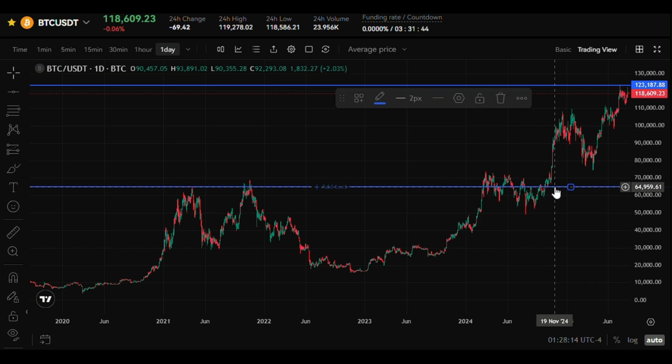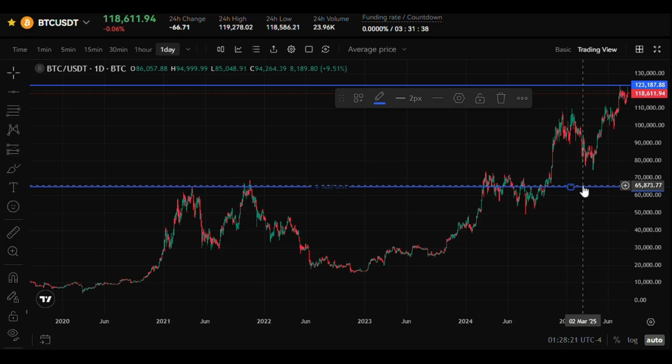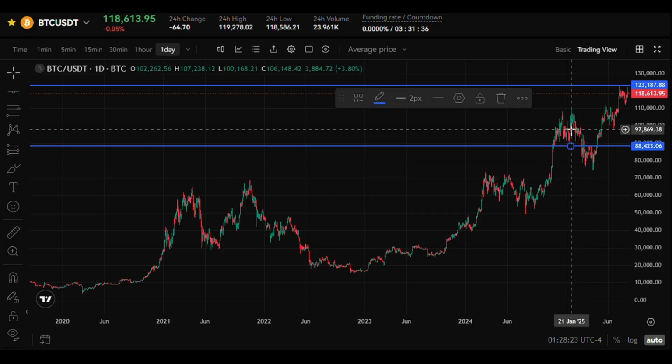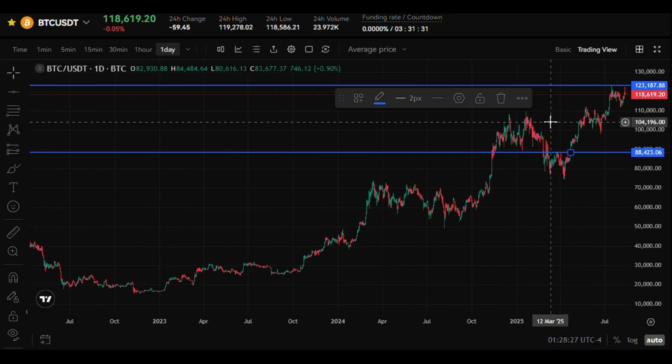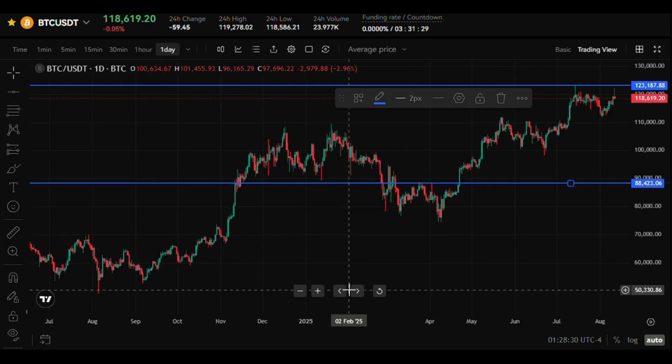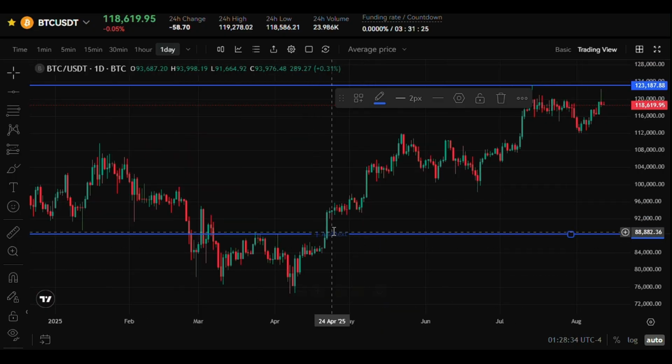January 25 is right here. This is roughly our year. Let's zoom in. Let's go until we hit January 2025.